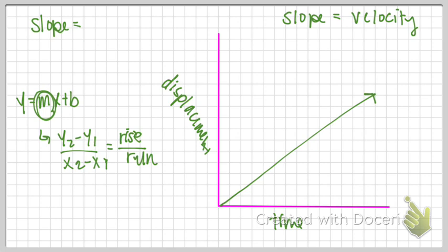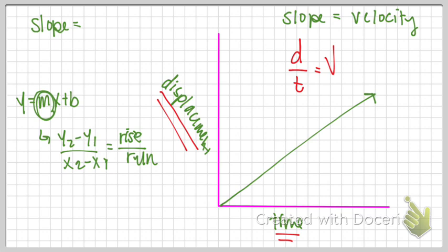So if we look at our graph here, we're looking at the change in the y-axis over the change in the x-axis. That's the same as looking at the change in displacement over the change in time. And what equation does that look like? The equation for velocity. Doesn't velocity equal displacement over time? Do we see the connection between slope and velocity here?